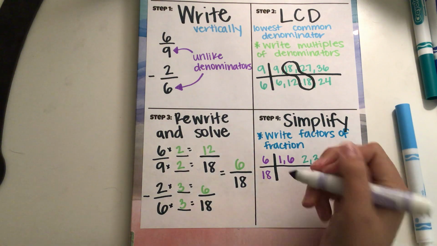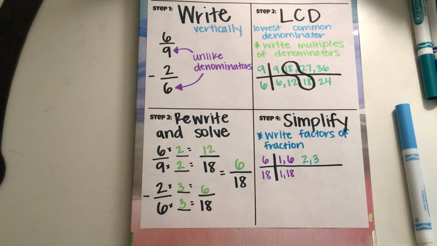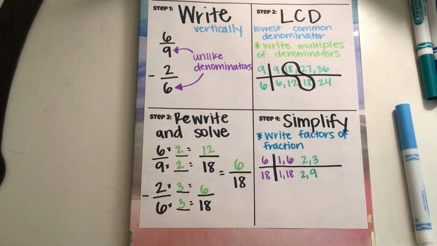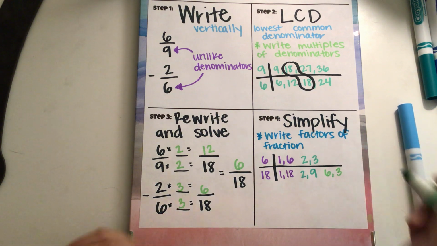So we can always start out with 1 times 18 equals 18. We've also got 2 times 9 to get 18. We have one more. We can do 6 times 3 and get 18.